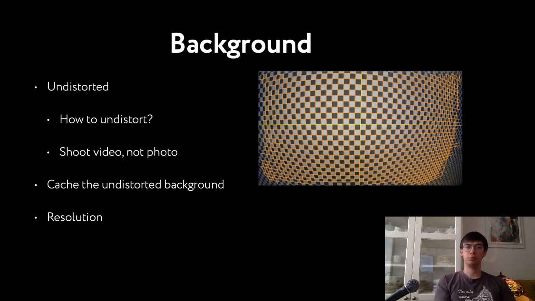But please do not take photos of distortion maps. Take video of them, because sometimes there are small crops in the sensor, even in professional cameras, and you get the wrong distortion because of it. So please just shoot video with the same settings which you use for the shot.